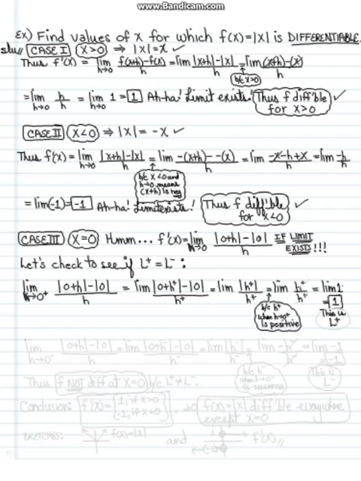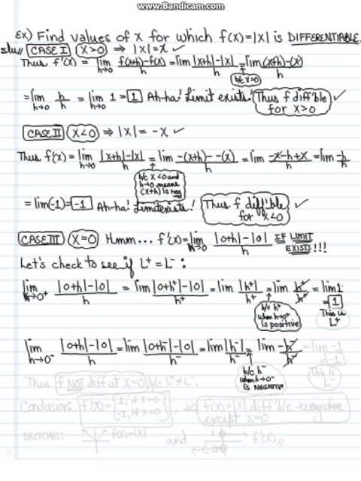Now let's find the left side limit. In other words, we already set x equal to 0. Now let h approach 0 from the negative side. Oh, now h will be a number that's only slightly negative. So we have the absolute value of 0 plus h minus the absolute value of 0 over h-minus. That's the absolute value of h-minus over h-minus, which is minus h-minus over h-minus. And that occurs because h is approaching 0 from the negative side, which makes it ever so slightly negative.